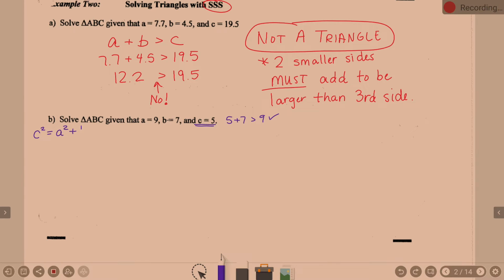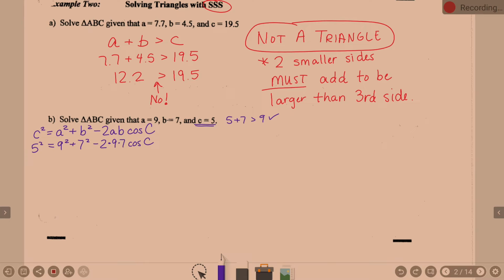C squared equals A squared plus B squared minus 2AB cosine of C. I guess we have to fill it in, then we'll do some math. 5 squared equals 9 squared plus 7 squared minus 2 times 9 times 7 times cosine of C.